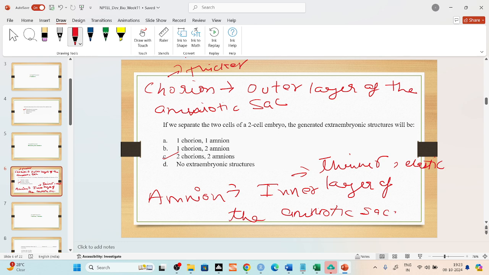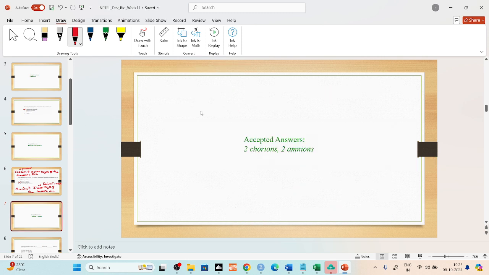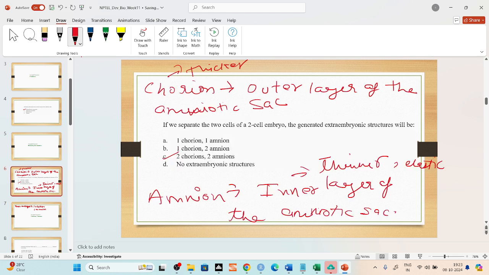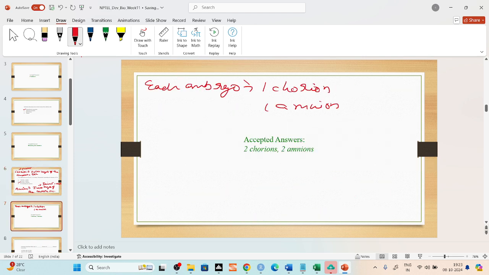So what I'm trying to say is that each embryo has one chorion and one amnion. Since we have a two cell embryo, each cell will develop into a separate embryo.